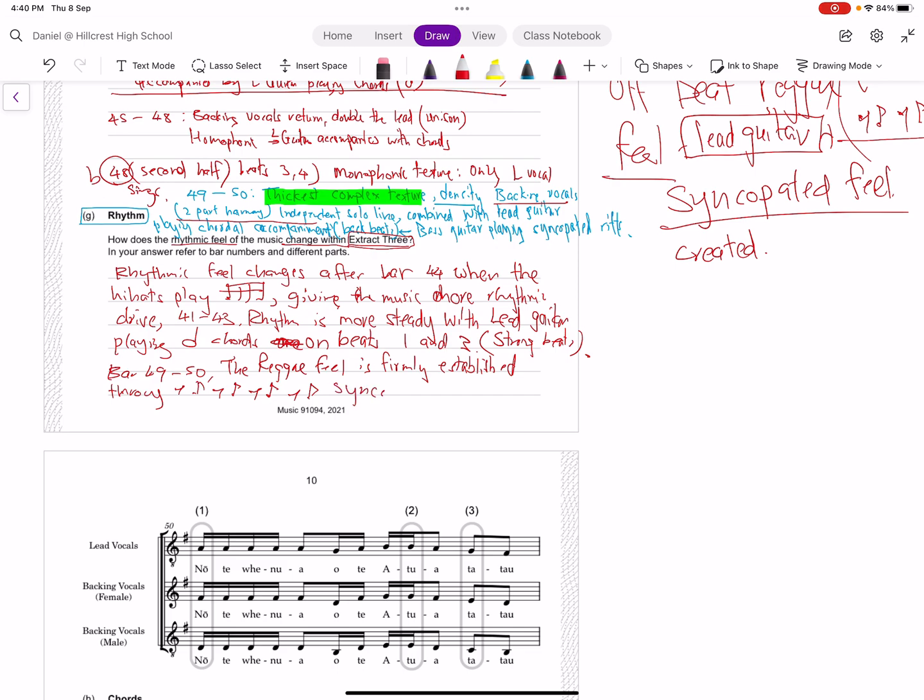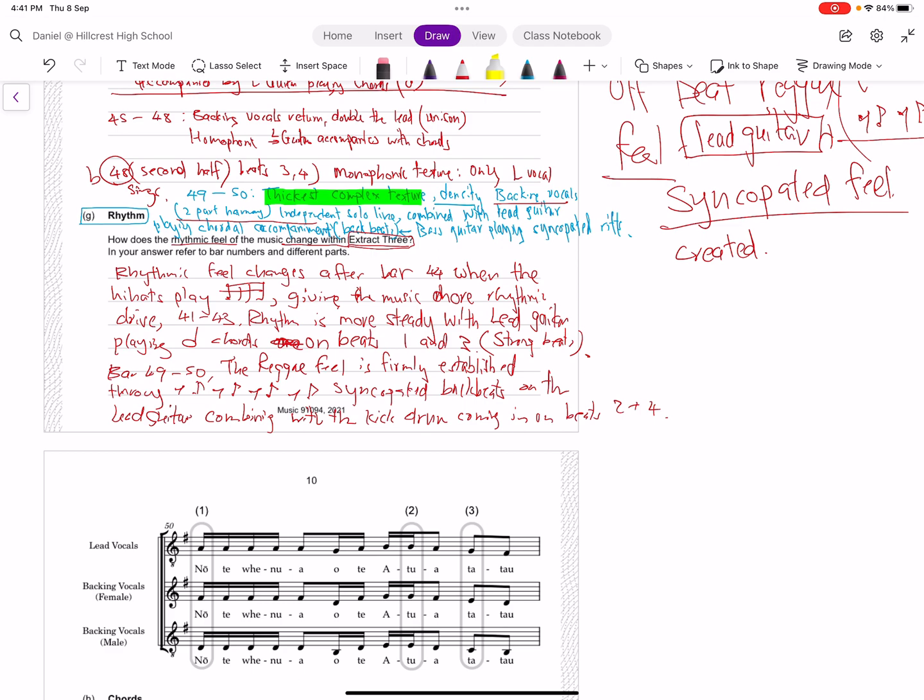Syncopated backbeats on the lead guitar, combining with the kick drum on 2 and 4.